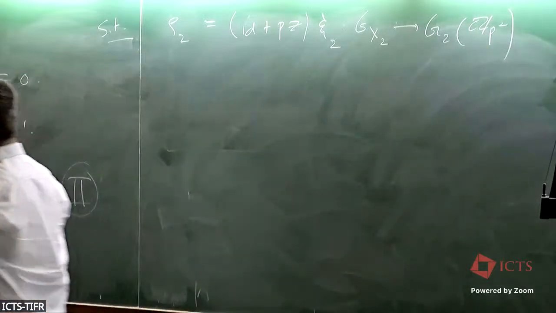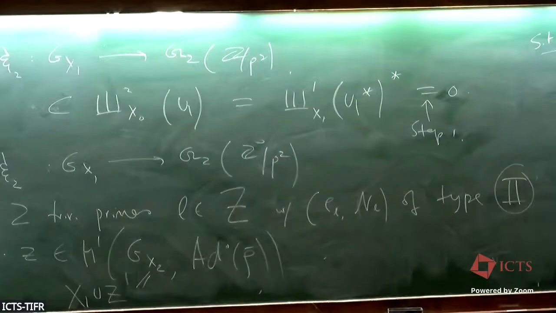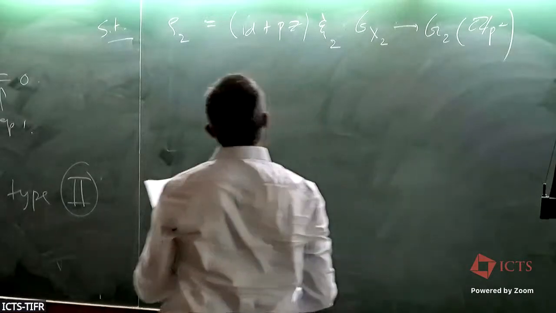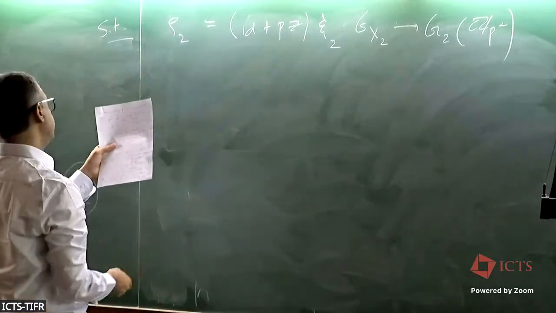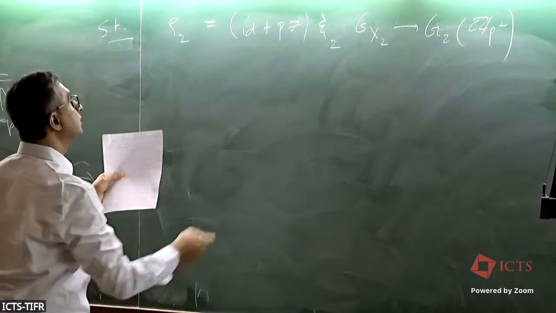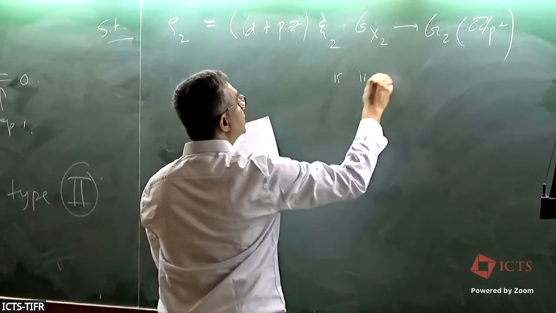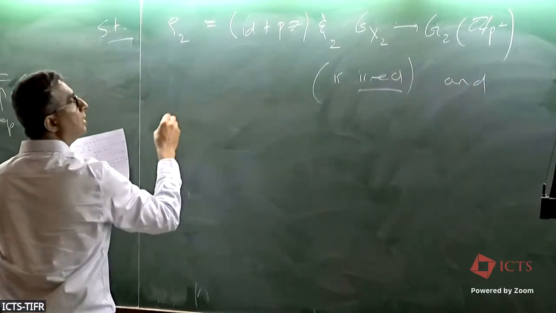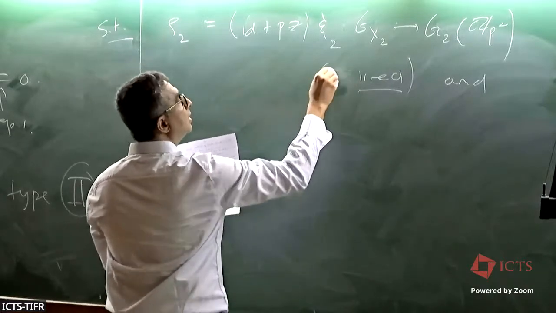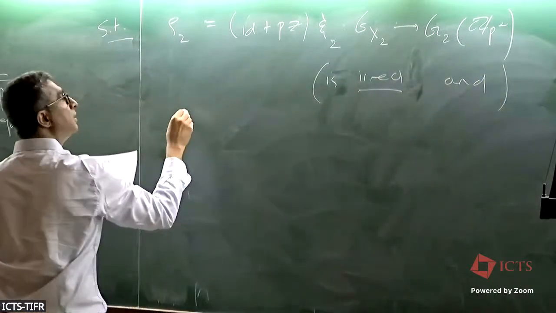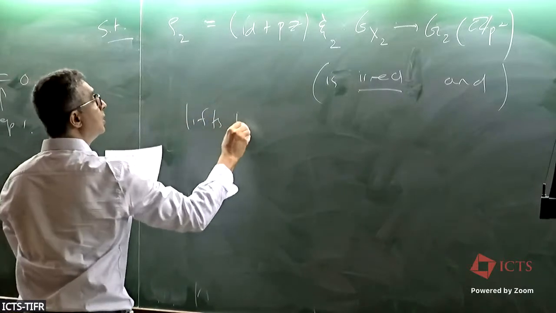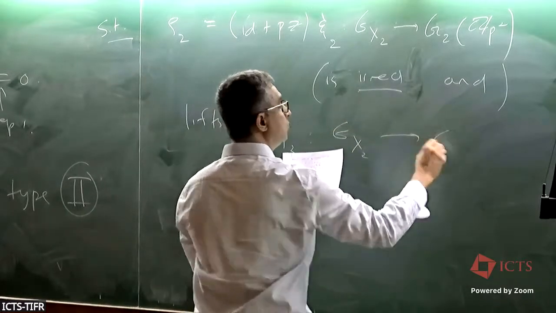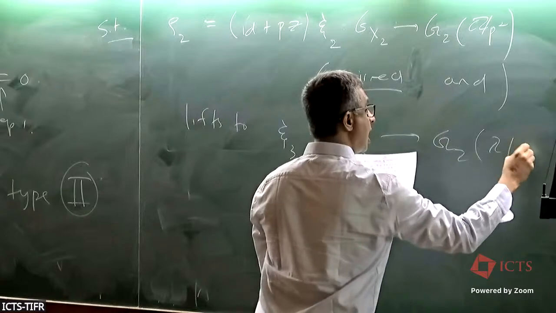Right, so they twist this particular lift by z, and this particular lift actually lifts to xi3. So first of all, this is irreducible. This is one of there, and lifts to xi3 from G_X2 to GL2 Z mod p cubed.